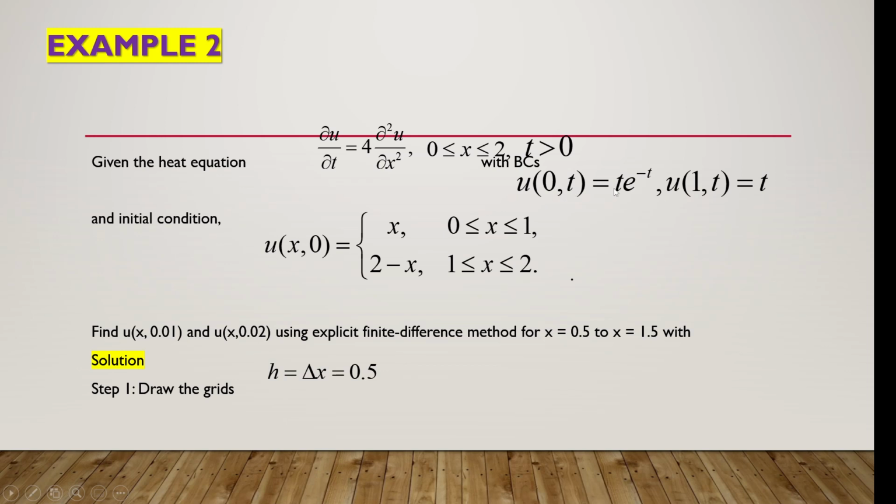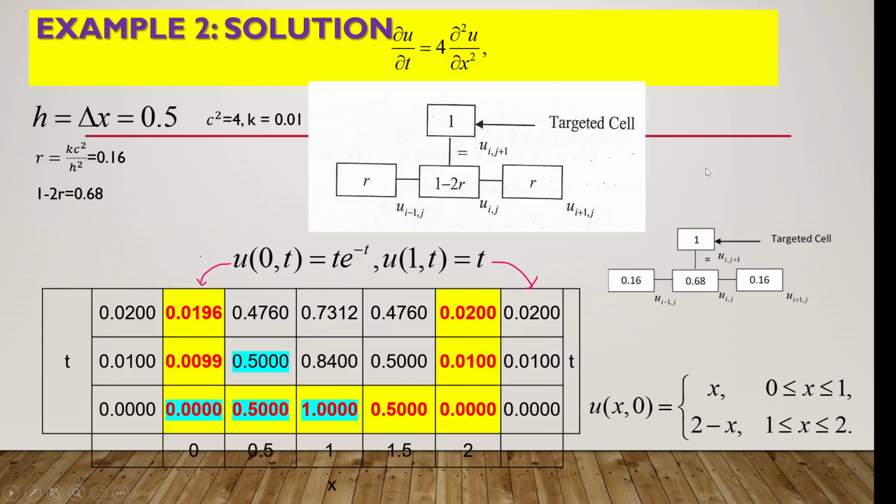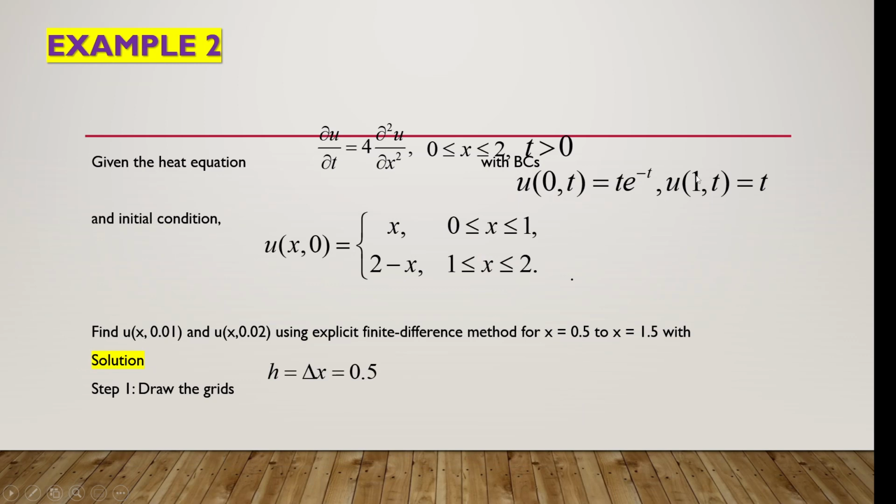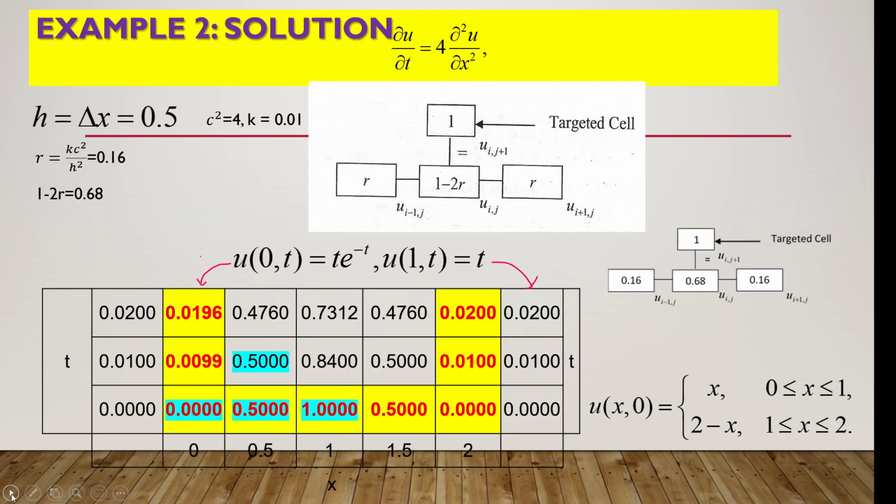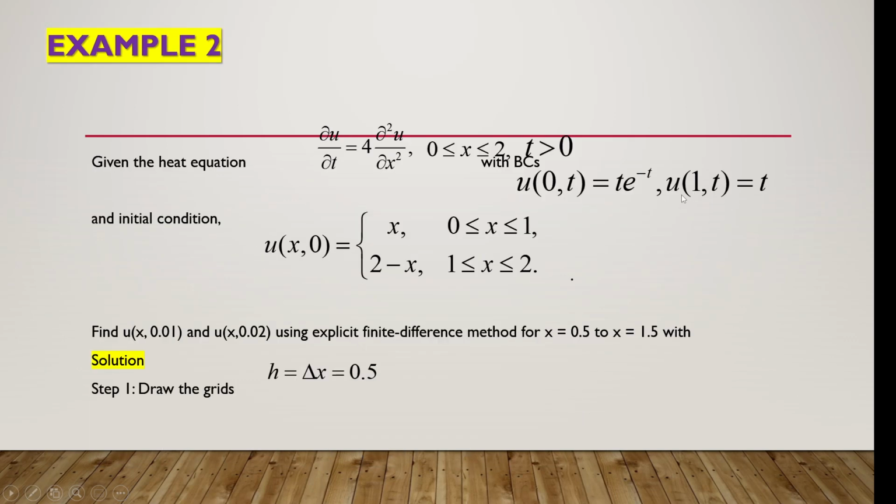u(0,t) equals e to the negative t, so this should be u(2,t). Typo, this one should be u(2,t) equals t. The initial condition is where x from 0 to 1, the function is x, and when x from 1 to 2, the function is 2 minus x.